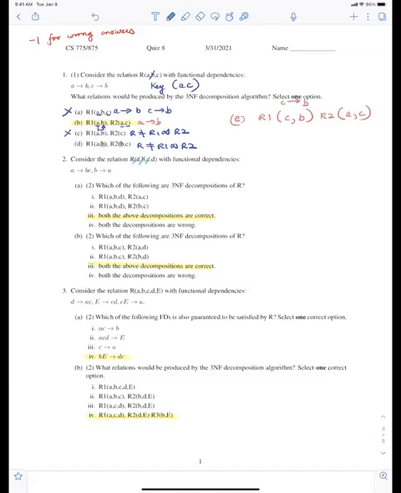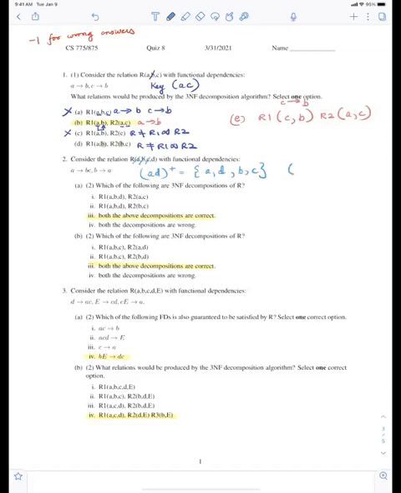Therefore, D has to be in the key, so you start with D. But from D, you cannot generate the rest of the attributes. So let's look at AD. AD plus gives you AD, but A gives you B and C. So AD is a key.